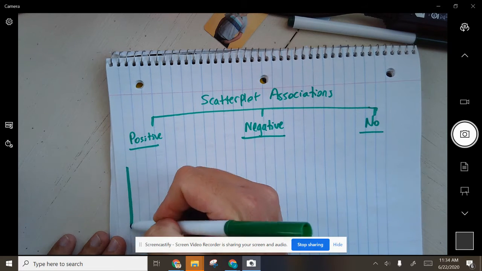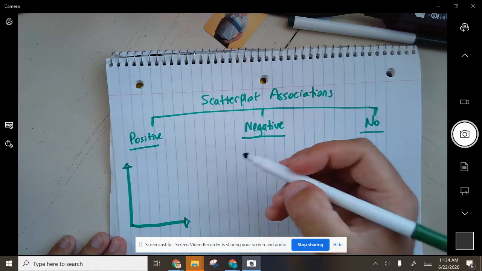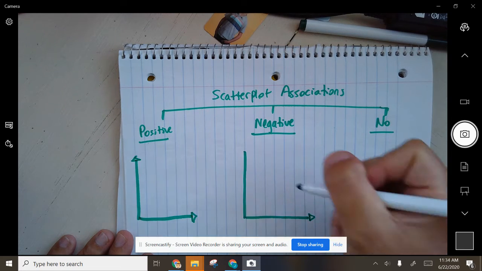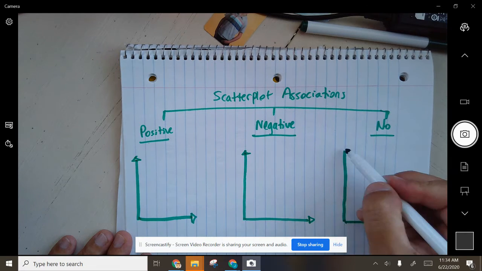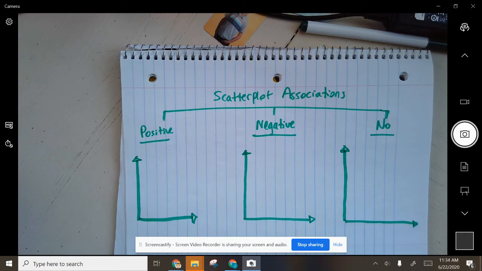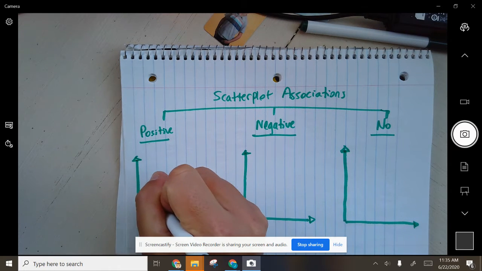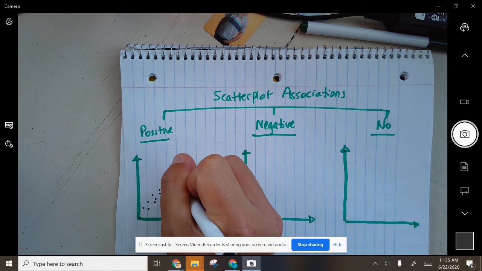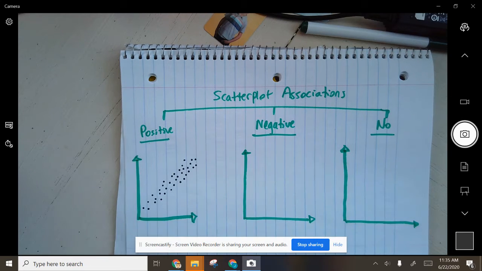So for the first one here, I want you guys to all draw this first quadrant. This is how scatter plots are going to be shown to you. All right. Then just go ahead and give me something that looks like that.